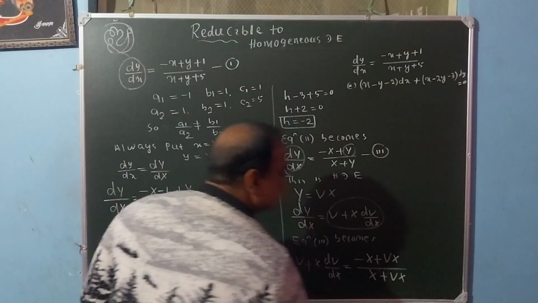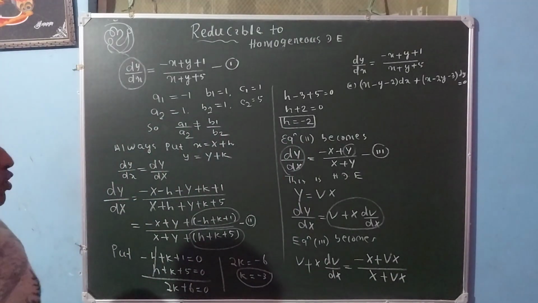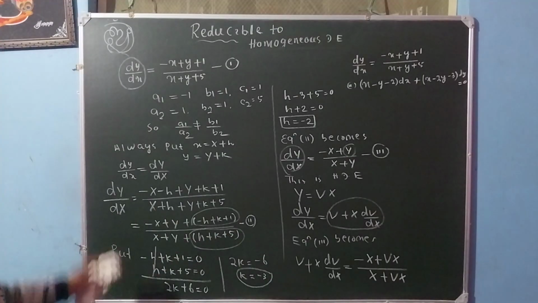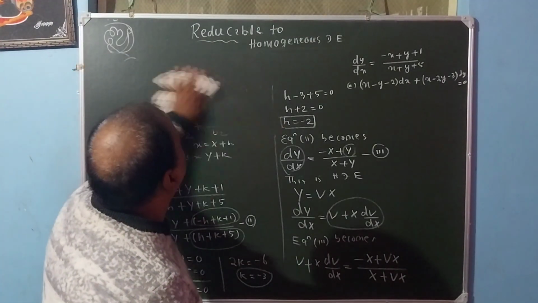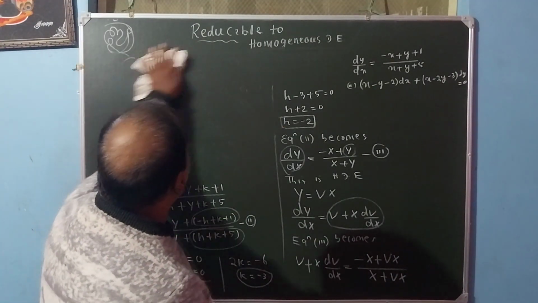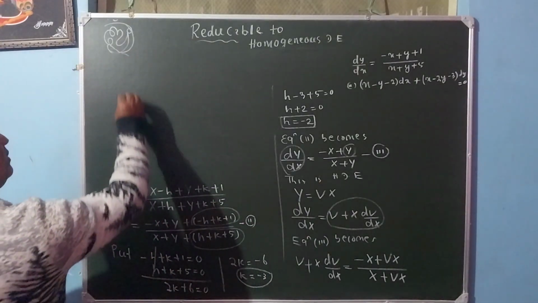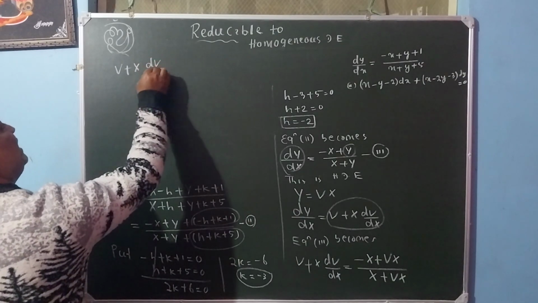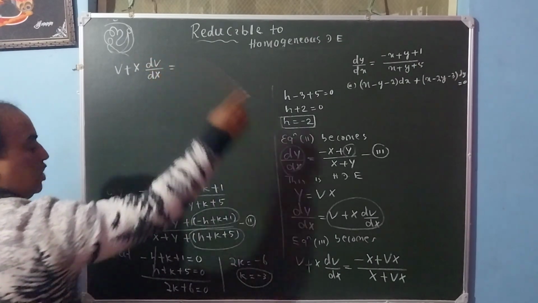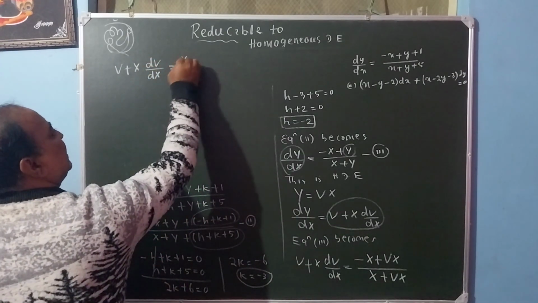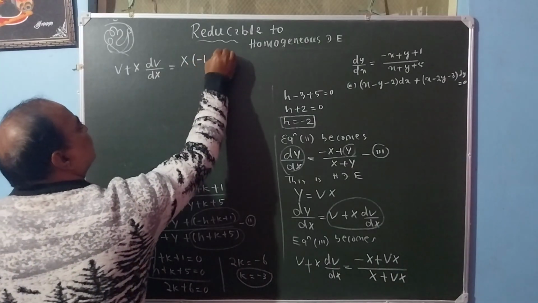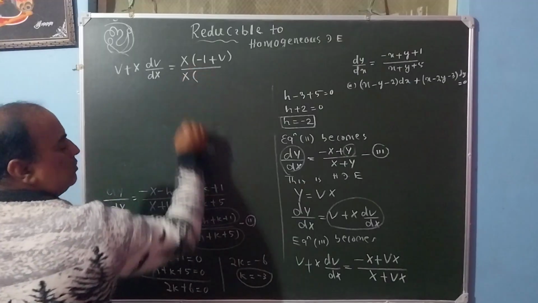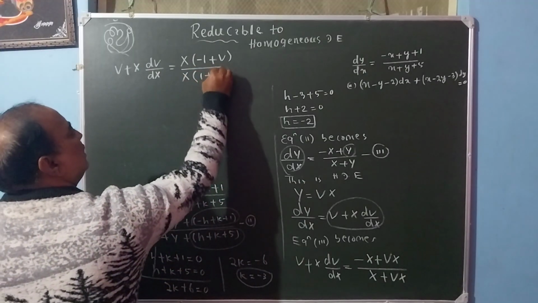Okay, so taking x common, we get v plus x dv by dx is equal to x times (minus 1 plus v) divided by x times (1 plus v).